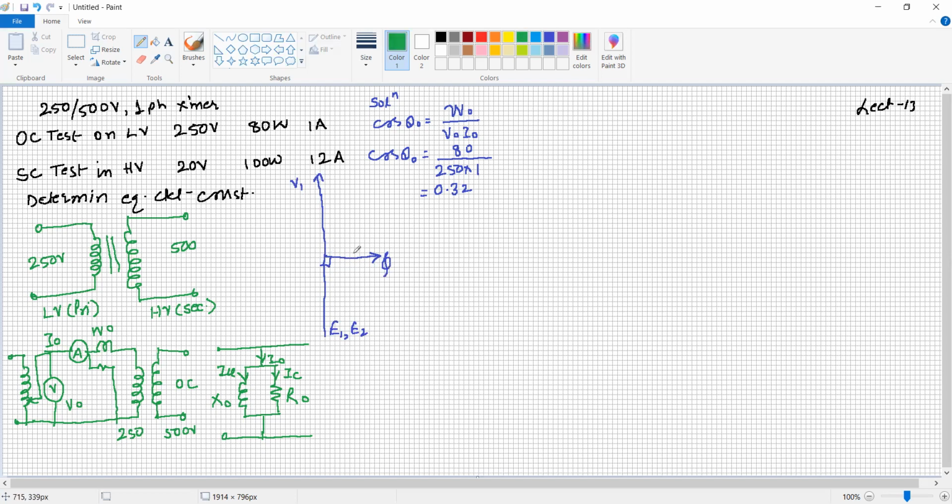No load current I0 has two components. One component is I mu, and this is power factor angle theta 0. And the component which is in phase with the voltage is IC, the core loss component.